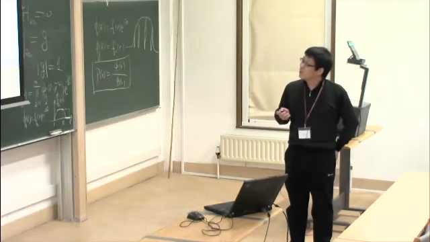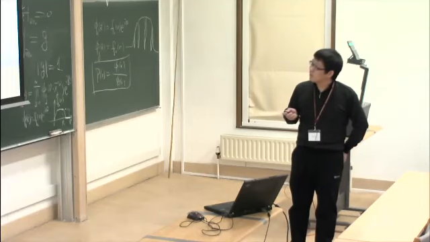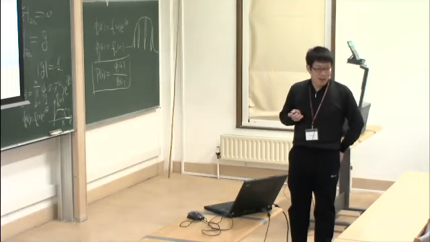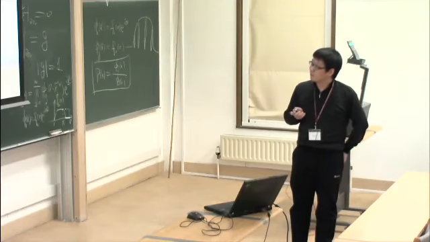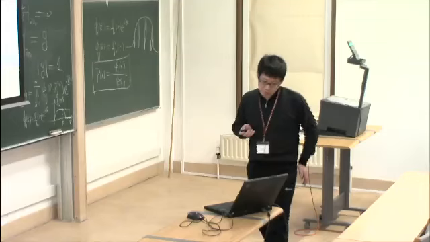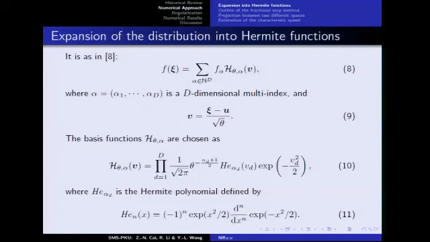We regress from the Boltzmann equation to the BGK model, and the collision term uses the most simplified formulation: a damping to the local Maxwellian, and the Maxwellian is in this formulation. The parameters in the Maxwellian are the density, the velocity, and the temperature.